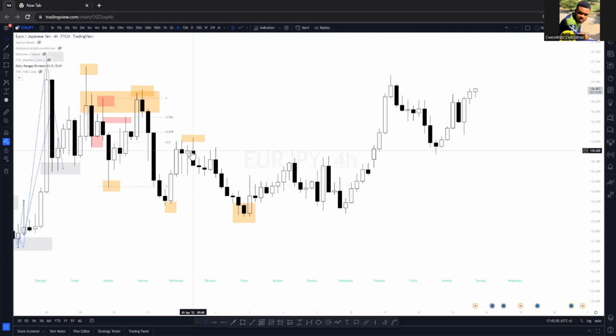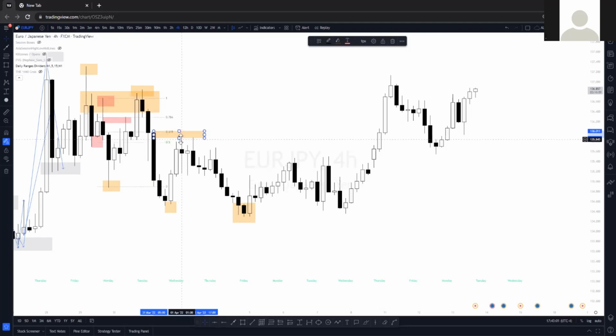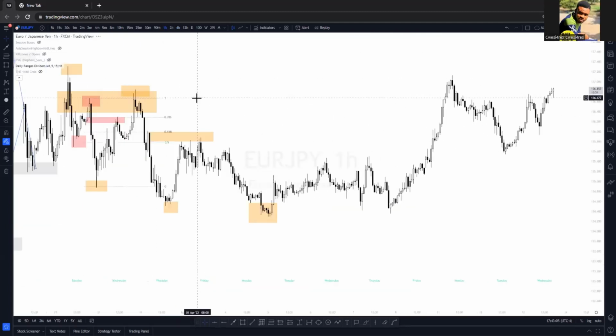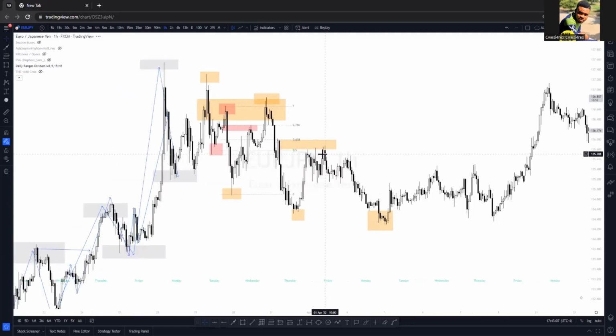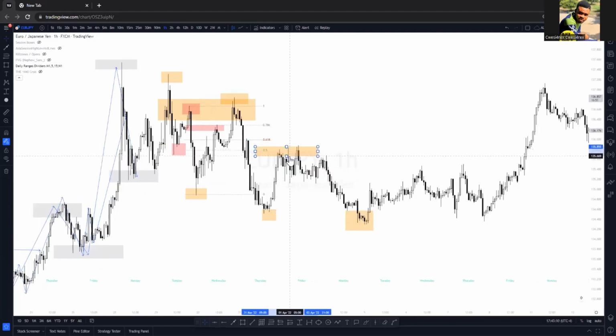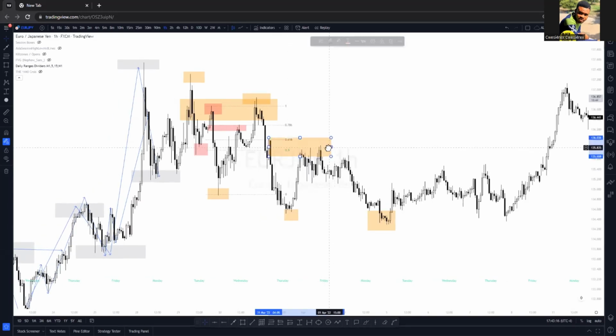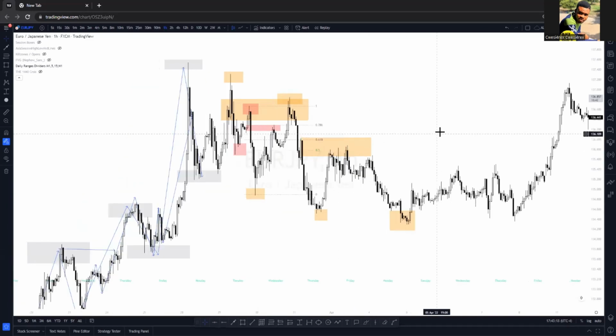Price passed equilibrium. So we have our point of interest over here. You check the H1 also. You can see we have a point of interest above the equilibrium price, which is a nice one, a nice POI.